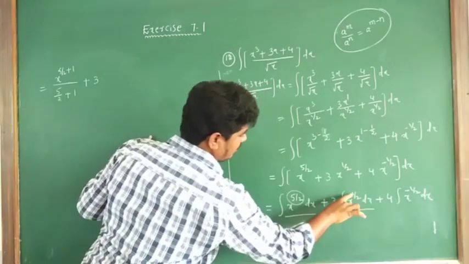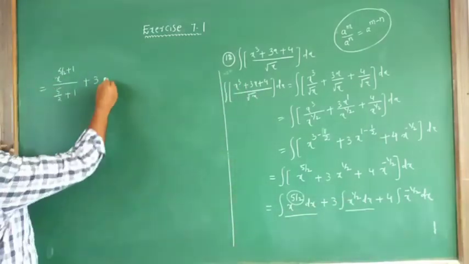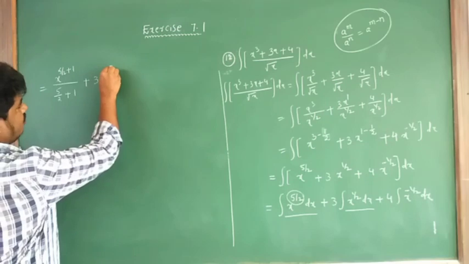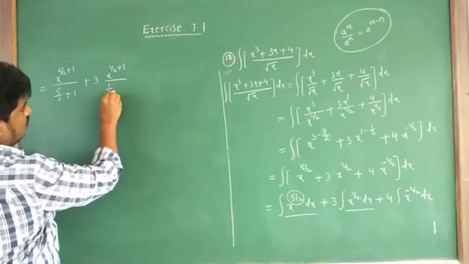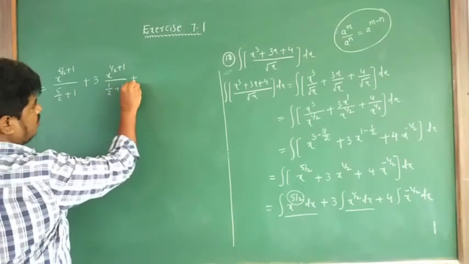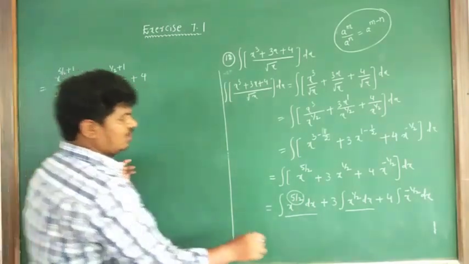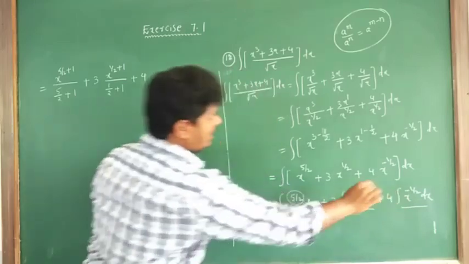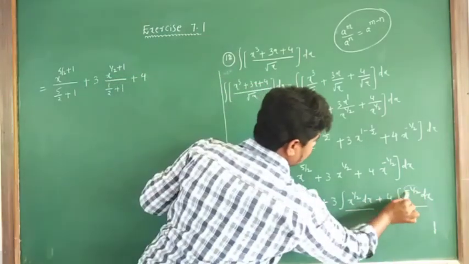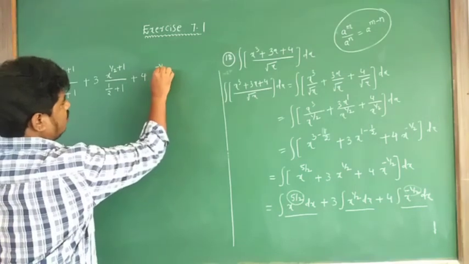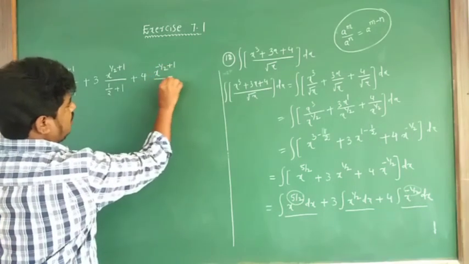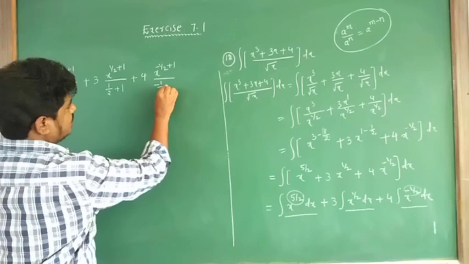Here in the place of n we have 1 by 2. So x to the power of 1 by 2 plus 1 divided by 1 by 2 plus 1, plus 4 into, for this also we use the first formula only. In the place of n we have minus 1 by 2. So x to the power of minus 1 by 2 plus 1 divided by minus 1 by 2 plus 1 plus c.